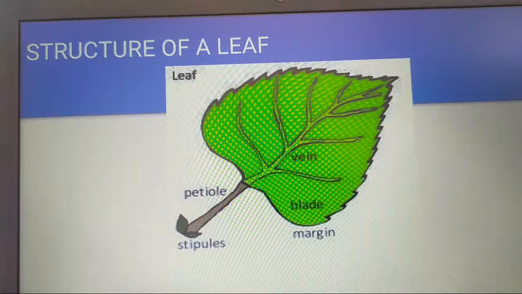It is the short, narrow, and cylindrical part of the leaf that joins the lamina to the stem.